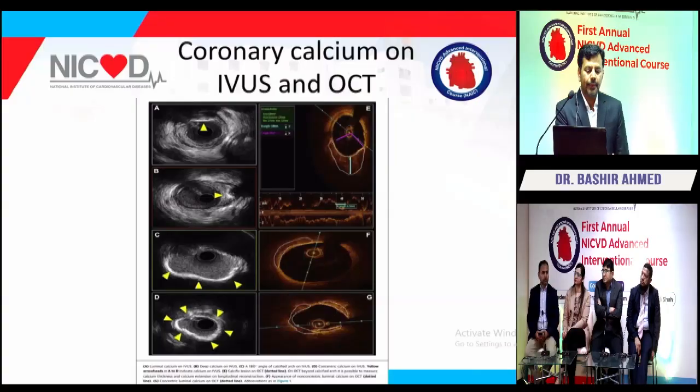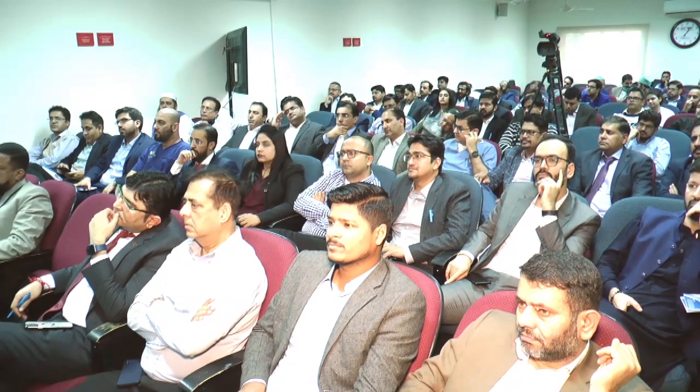This is the pictorial presentation: figure A is a luminal calcification on IVUS, and the deeper calcium in the deeper layers in figure B, and in figure C, 180 degree calcified lesions and the concentric calcium.